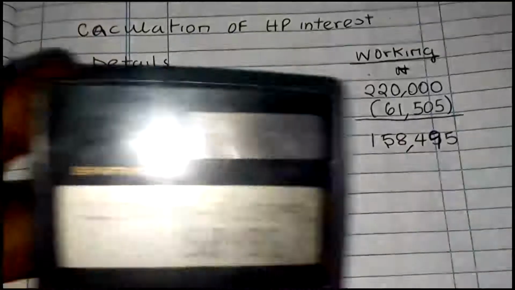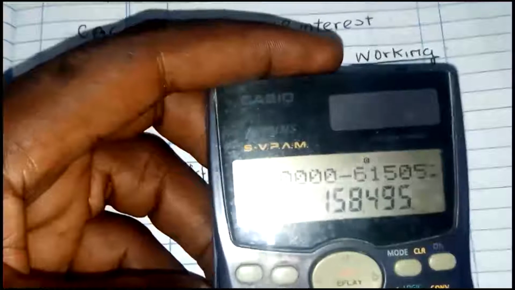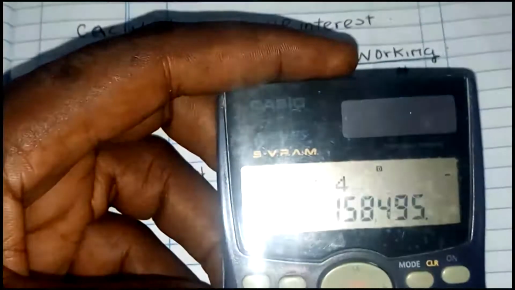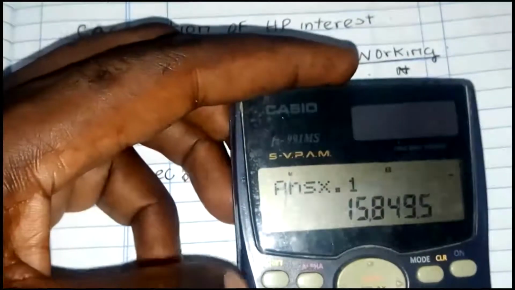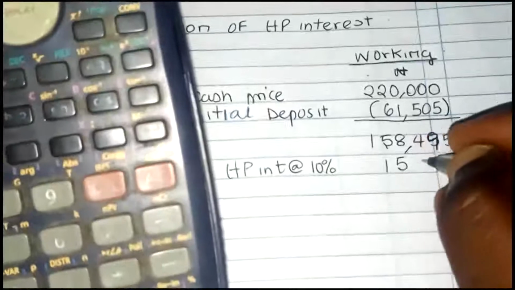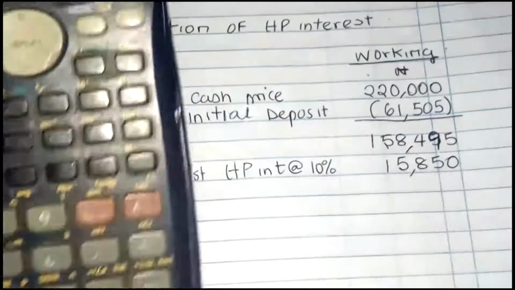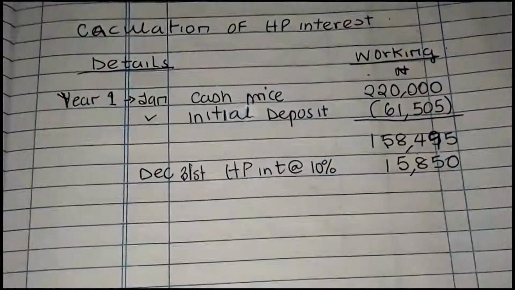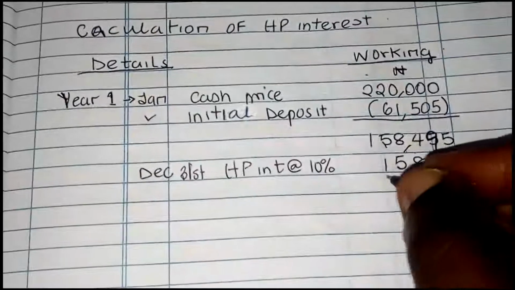So what is 10%? 10% of this figure. You just multiply by 0.1. Okay, 0.1. All right, that's 10%. It will give you approximately 15,850. All right, class, that is approximation.